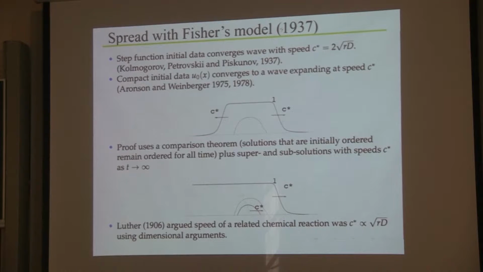Because if we can calculate the growth rate and the diffusion coefficient for different species, then we can have this number, this magic number, C star, which describes how quickly they're going to spread. And indeed, at the time that I was doing my postdoc, which was actually rather a long time ago, around 1990, ecologists were getting very excited about this theory because they said, hey, we can go out and measure the invasiveness of different organisms from measuring the growth rate and the diffusion coefficient, and then we can compare our theory to actually what's observed.